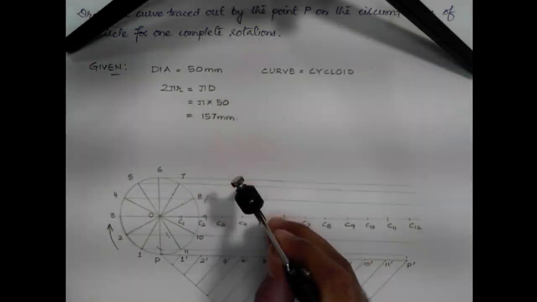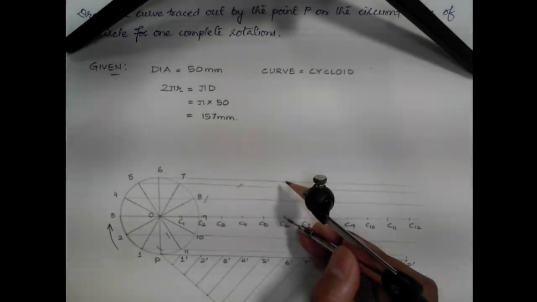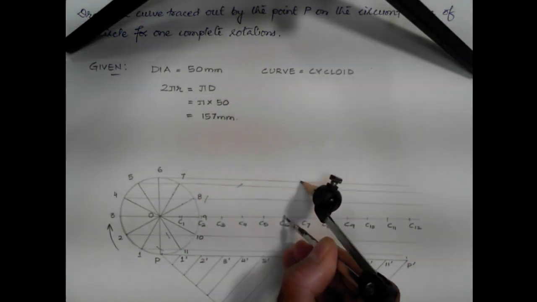Now, then O to 5, C5, cut. O to 6, C6, this you will be cutting like this, right? Then O to 7, it is the northeast orientation, C7, cut like this, right?